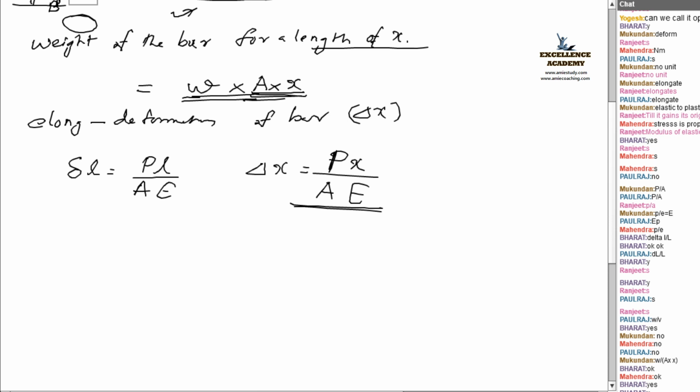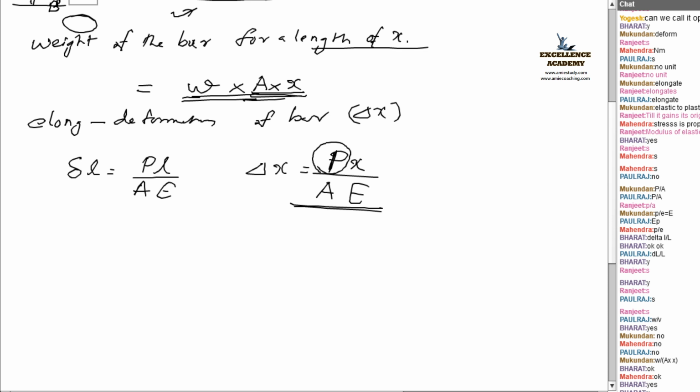What will be the next condition? Say I am going to put the value of the load or weight acting on the body for a height of x from b. That means I am going to put the value of P there.